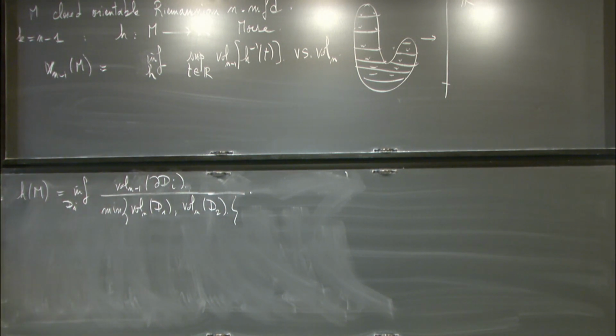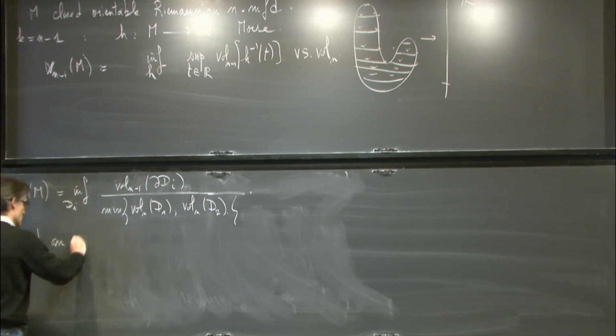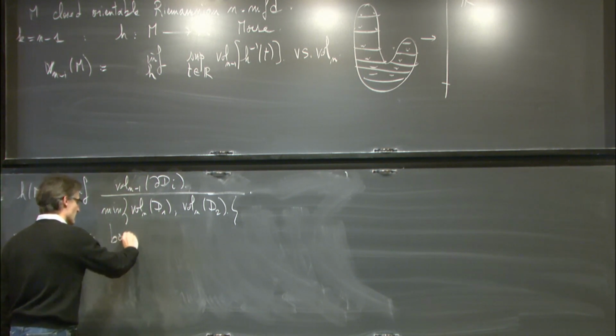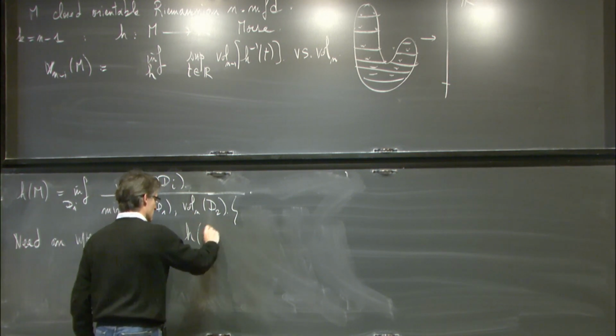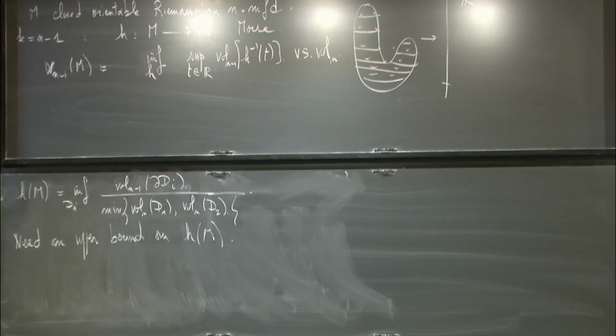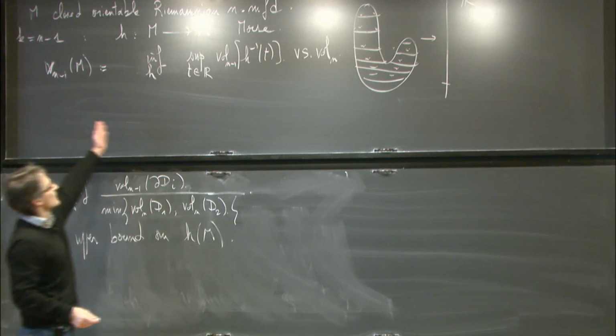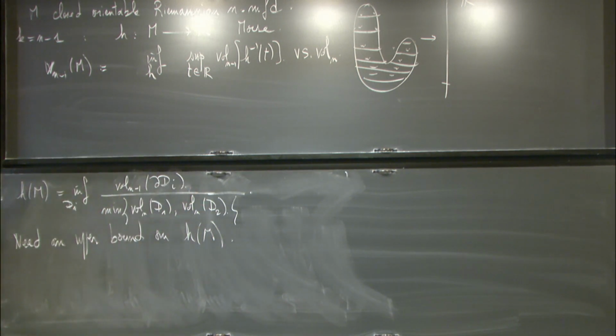Okay, and then you see that in order to have such a bound, you need an upper bound on the Cheeger constant. Okay, and why is that? It's because, say you have a sweep out by hypersurfaces.